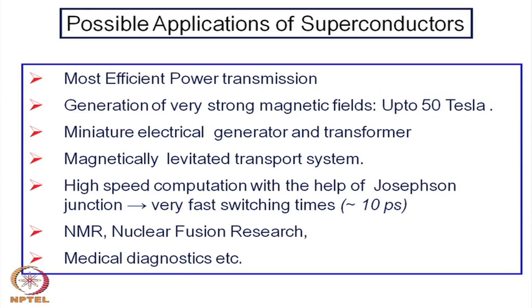Using magnetic levitation, the Meissner effect, one can float a certain amount of weight, because superconducting materials are perfectly diamagnetic. So, if there are magnetic lines of force, they will repel each other. By that process one can levitate a very strong magnet over a superconducting material.